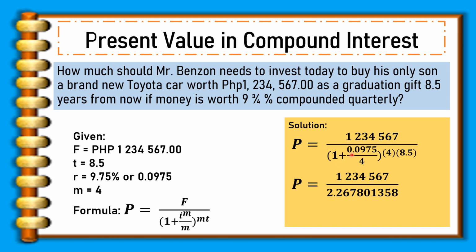Next, 0.0975 over 4 plus 1 raised to 4 multiplied by 8.5 is 2.267801358, and 1,234,567 divided by this number is 544,389.3908, which means that Mr. Benson needs to invest 544,389.3908 to have 1,234,567 pesos after 8.5 years at 9 3/4% compounded quarterly.